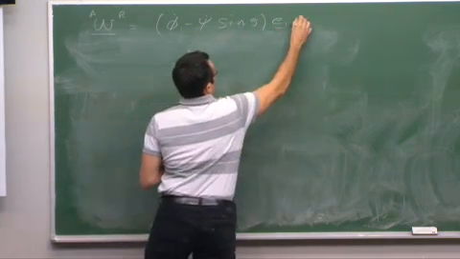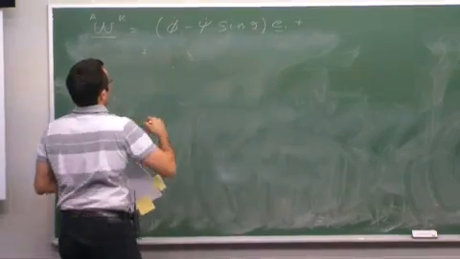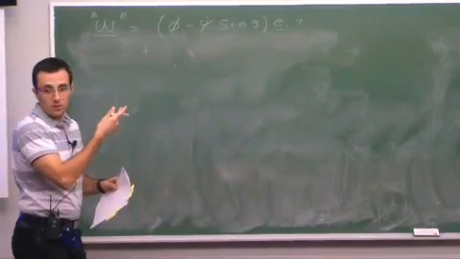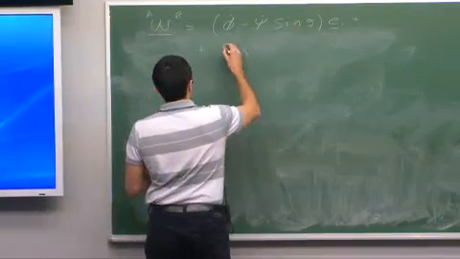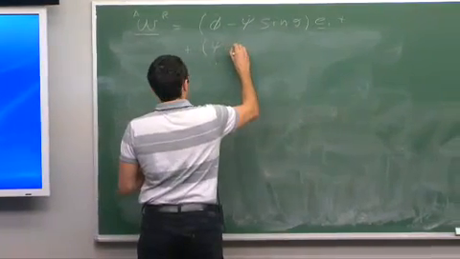and writing the omega in the R fixed coordinate system, literally 1, 2, and 3, this is what you will get.